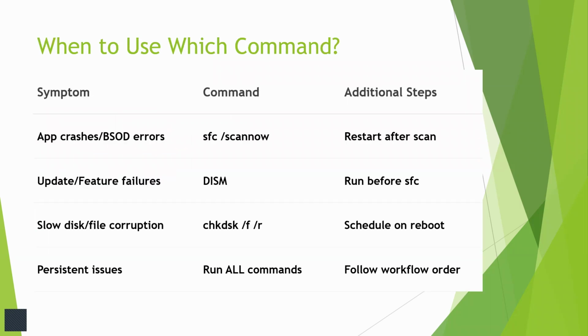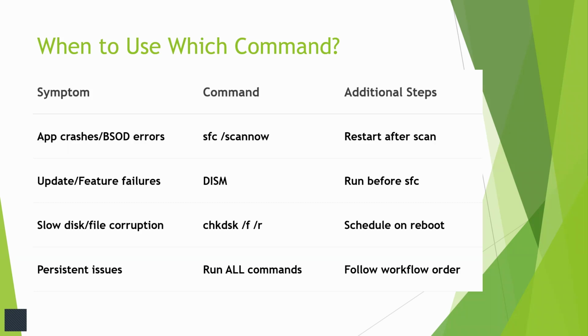So when to use which command? When your apps are crashing, when you see blue screen of death errors, you run System File Checker, SFC /scannow. Then you restart after the scan. At times, you can just go ahead and do what you were doing and see whether it has been corrected. When you have update and feature failures, some of the features of your system are failing, you use DISM.